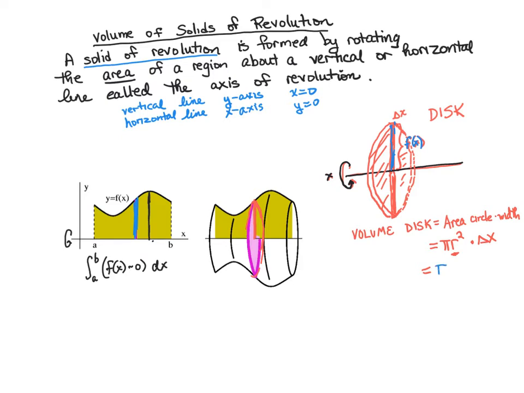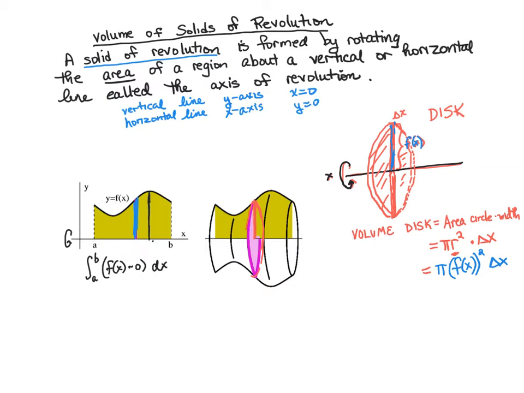So we could represent it as f of x, but we square it, times delta x. And as we sum up infinitely many of these from x equals a to x equals b, and we make the number of rectangles increase without bound, we finally get the following formula.